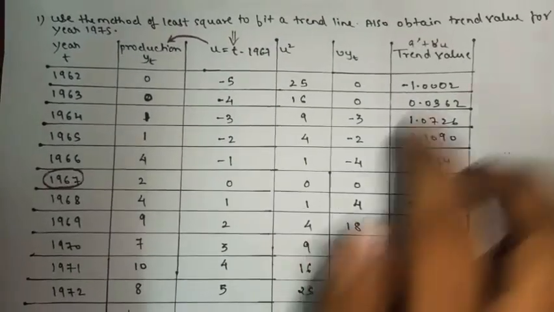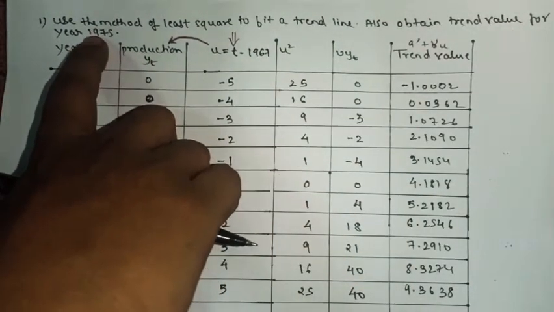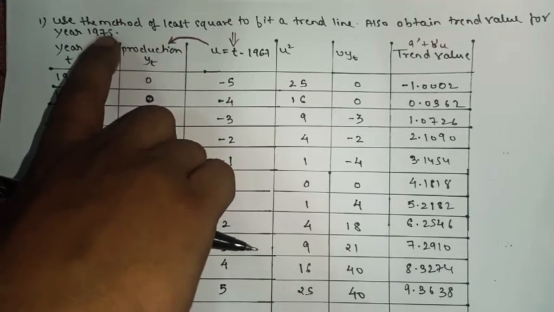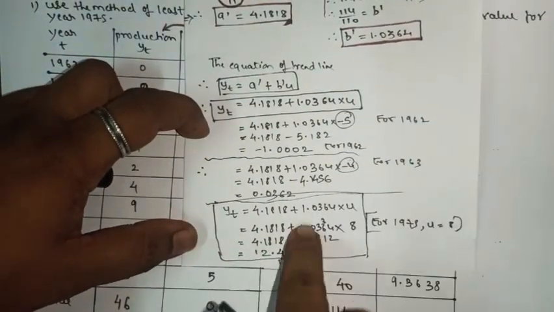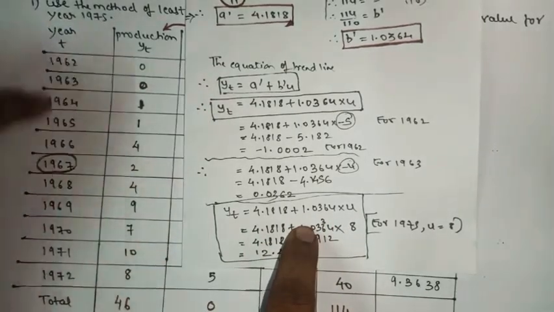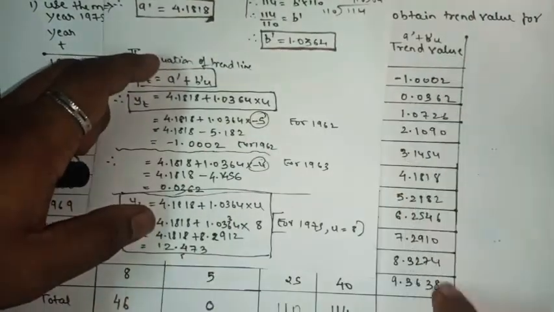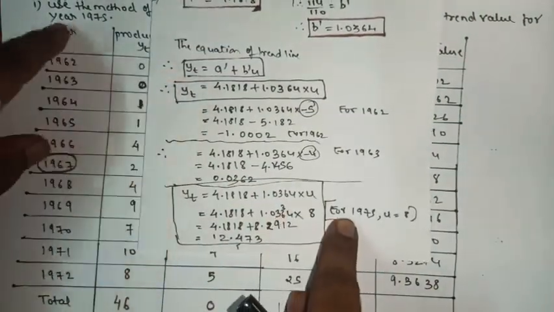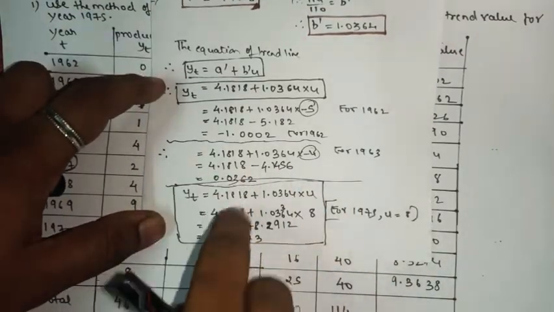But as the question says we have to find the trend value for a year, whatever year they have given, whether it is 1975, 1979, 1980, that part you will show in the examination with the calculation part. For the remaining section you will solve roughly and then substitute the value directly. But for that particular year you will present the sum.